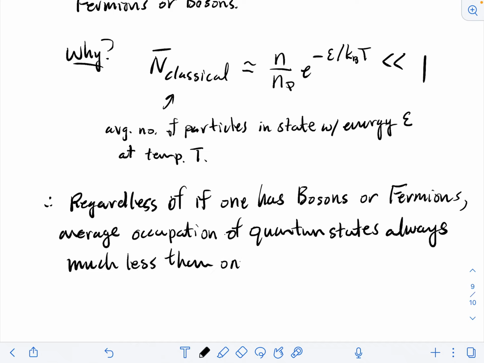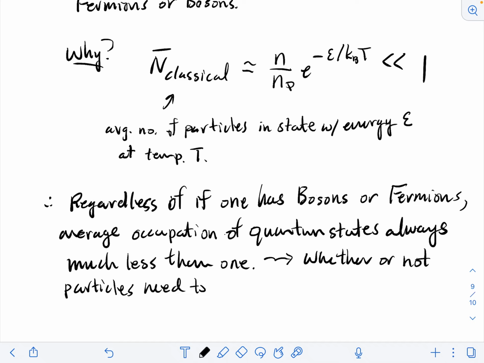And that means whether or not particles need to obey the Pauli exclusion principle really isn't important.